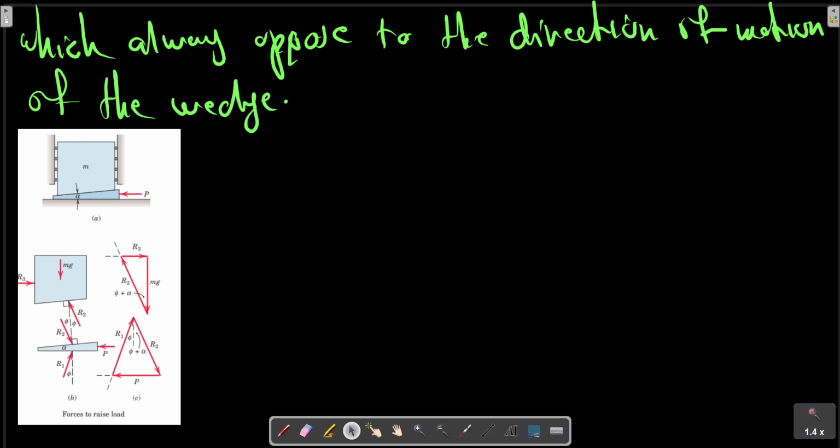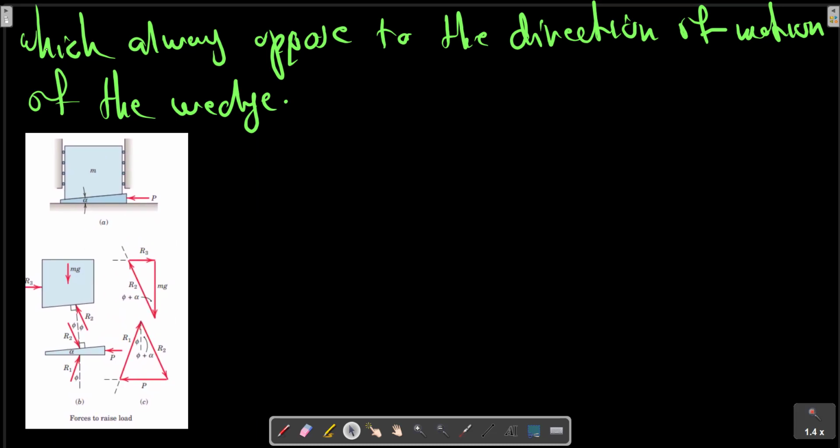The coefficient of friction for each pair of surfaces, mu, is equal to tangent phi. As shown here, we have the surface with a normal direction, and R applied to this point.